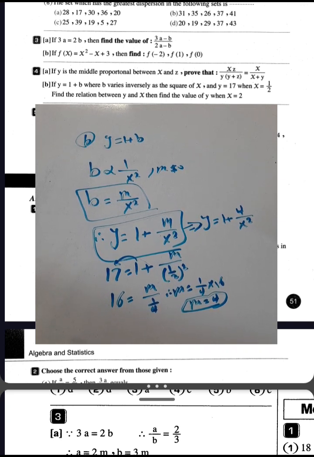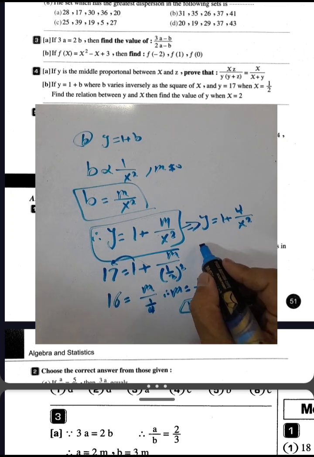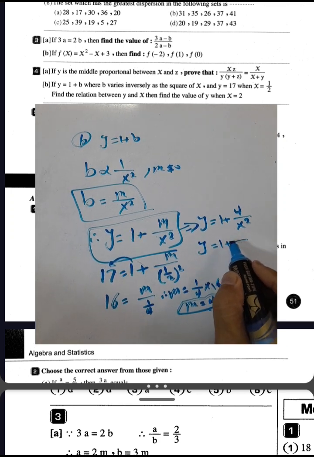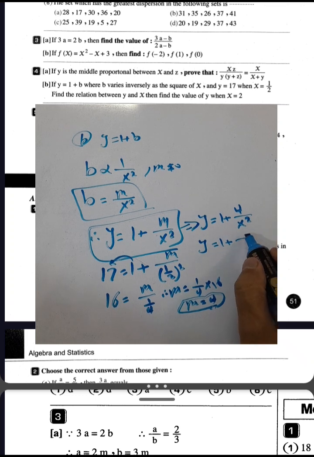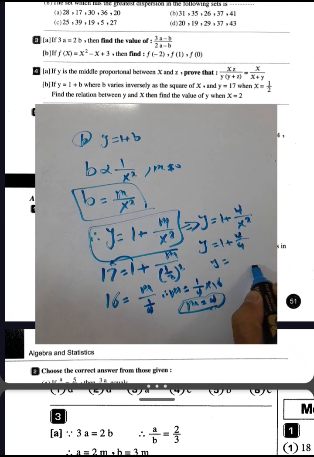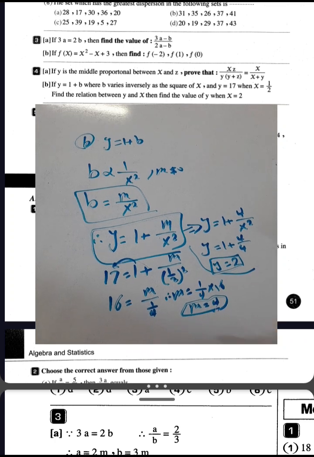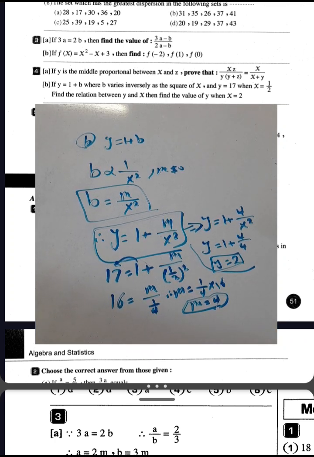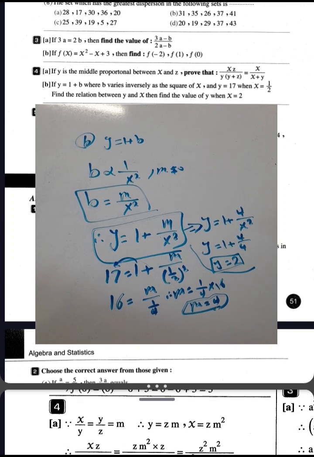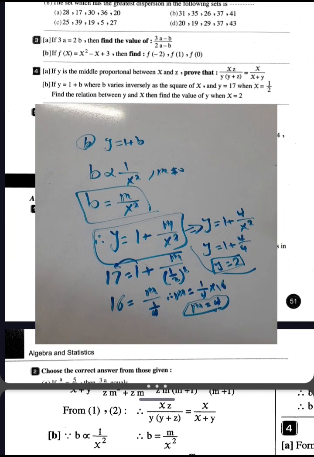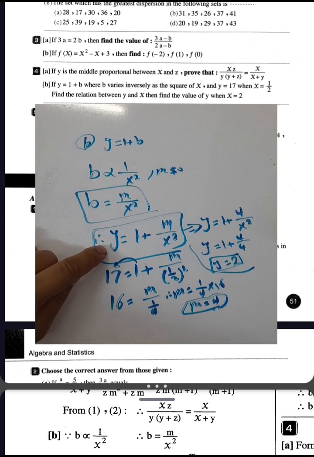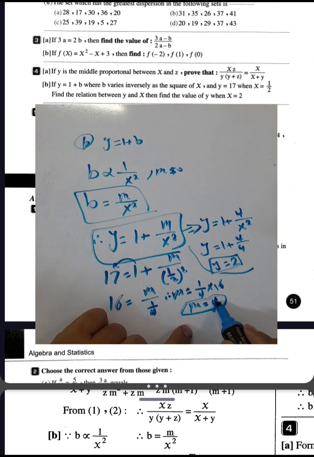And then you want to find the value of y when x equals 2. Then y equals 1 plus 4 over 4, which is 1 plus 1, then the value of y will be equal to 2. Okay, understood? First you must find the relation between x and y by finding the value of m here, equal to 4.